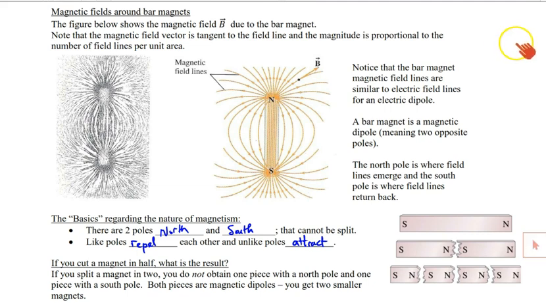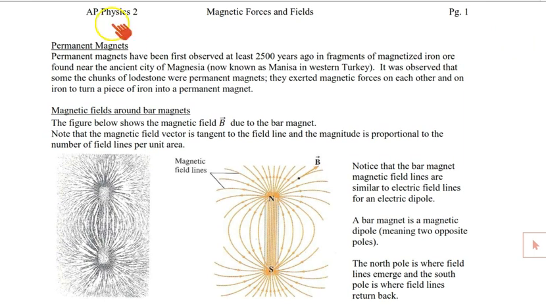Let's take a little bit of time to talk just a tiny bit about permanent magnets. Permanent magnets have been known at least since the time of the ancient Greeks. About 2,500 years ago, the Greeks first mined magnetite, which is shown over here in this picture. It's a mineral that attracts iron.